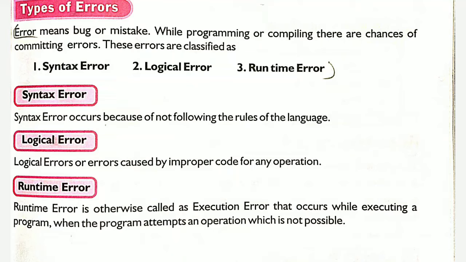You can't divide 0 by any number. This is known as logical error. There are so many logical errors. If you are trying to open a file which is not available or which was deleted previously, this is also a logical error.